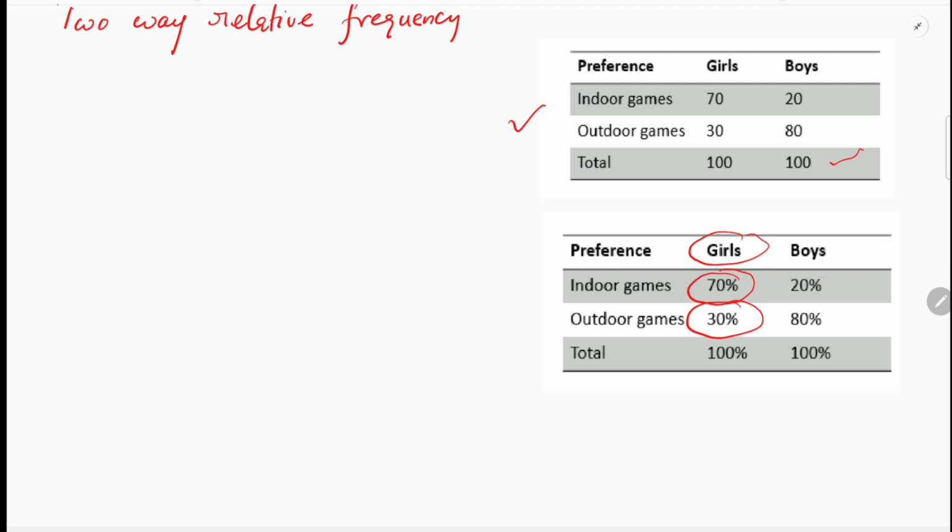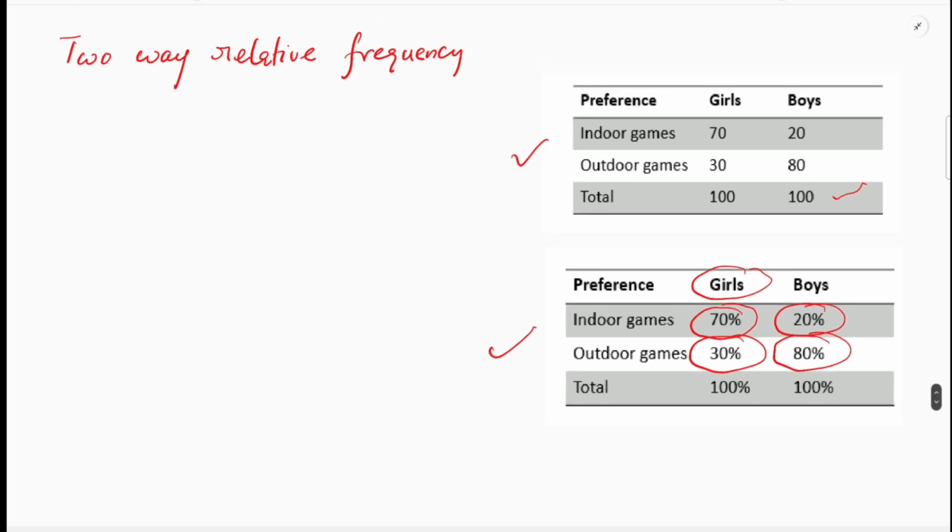With respect to boys, 20 boys prefer indoor, meaning out of 100, 20 is 20%, and 80% of the boys prefer outdoor games. So this is how we derive the two-way relative frequency table.